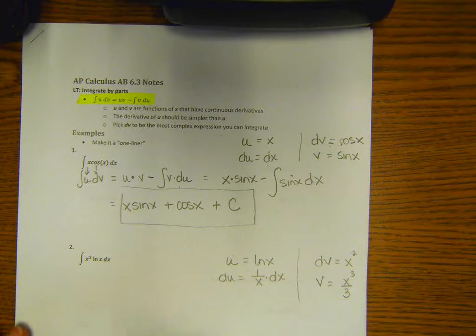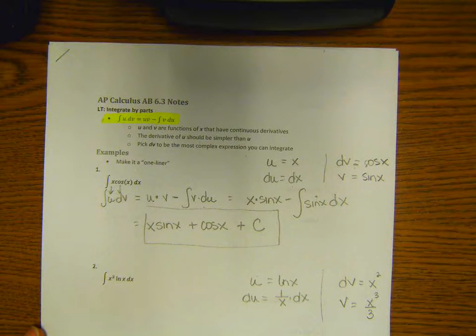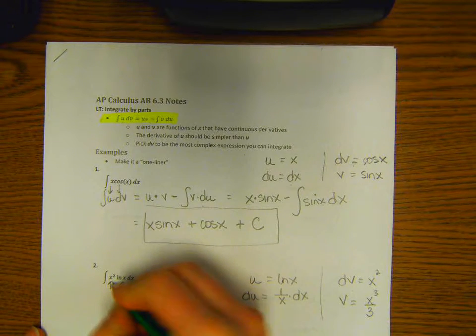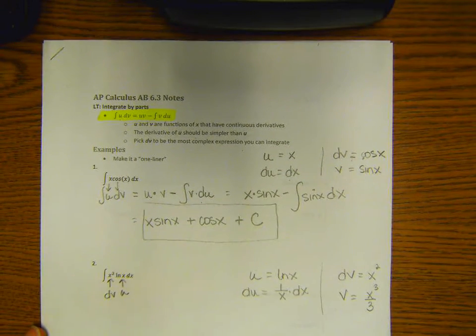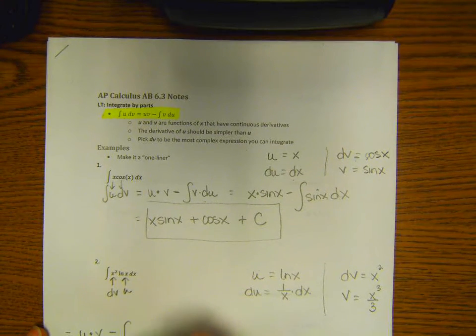So, let's see now. This is my u. This is my dv. Okay. And so, once again, the formula is going to be u times v minus the integral of v du. Here we go.